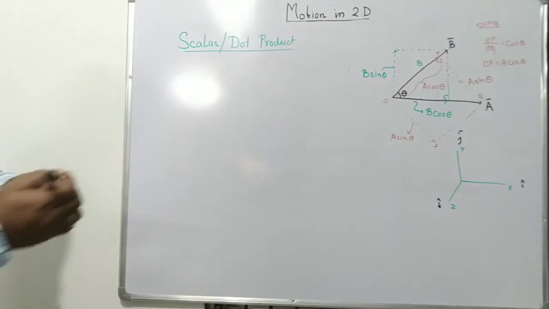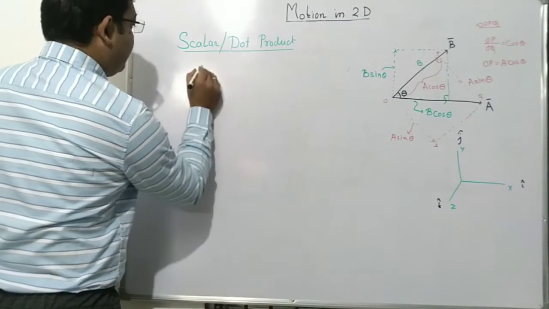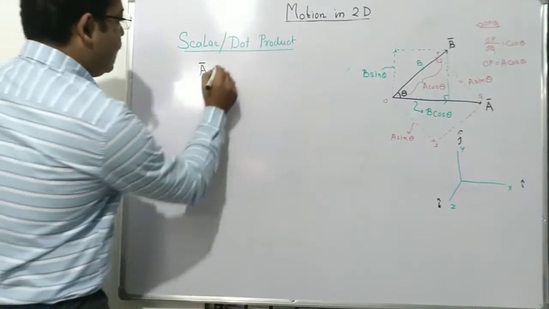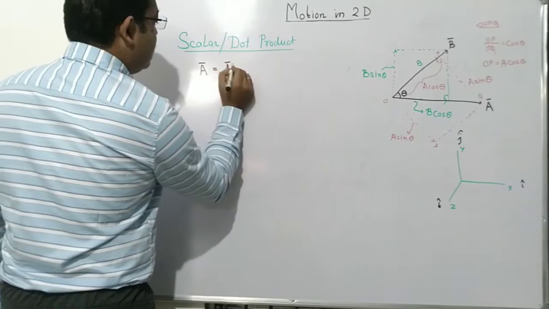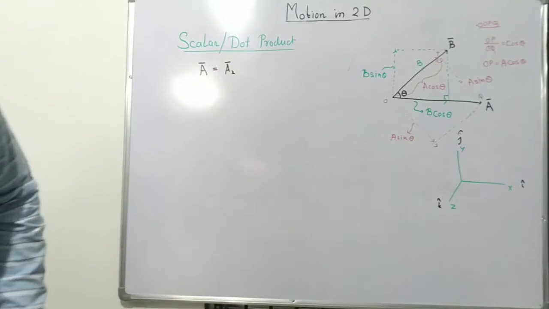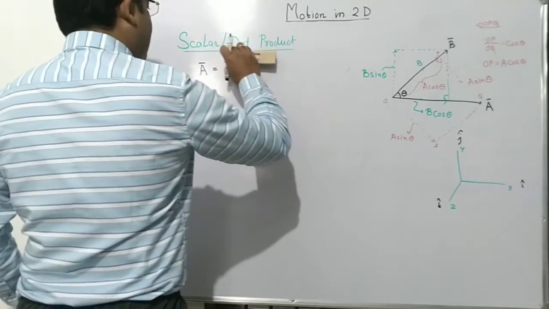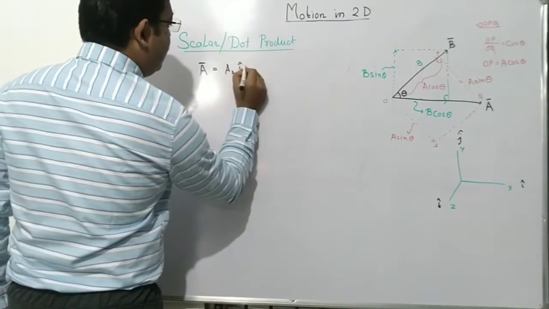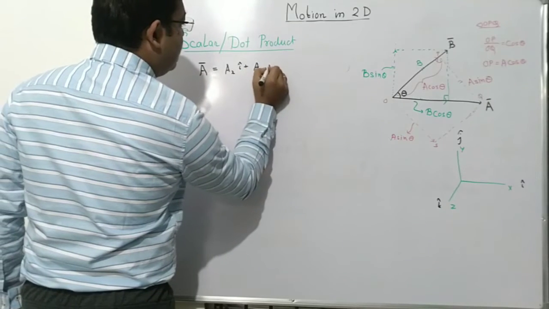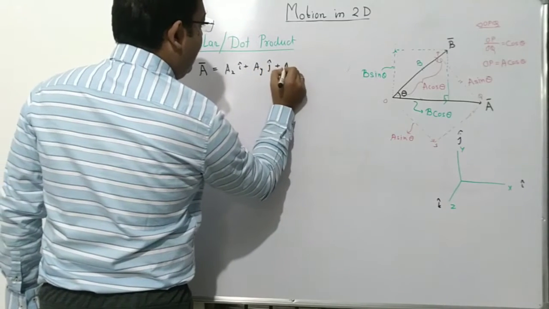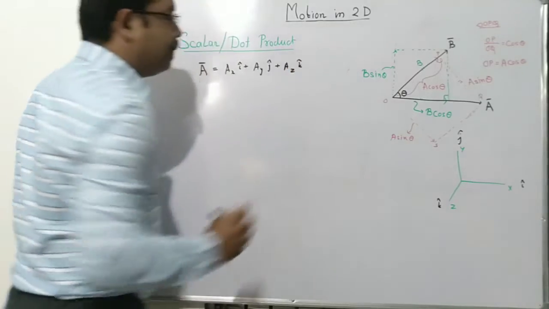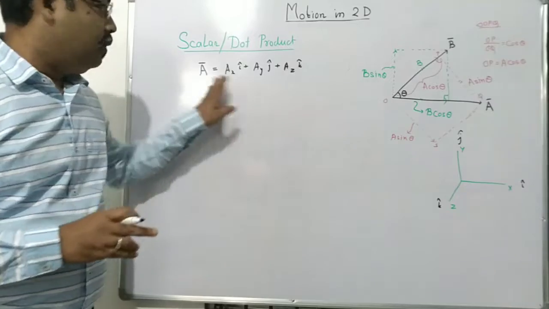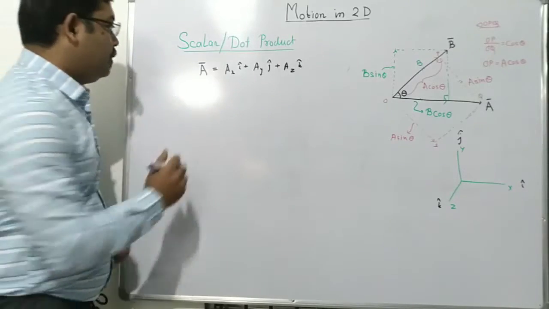We have also seen that any vector A can be expressed in 3 dimensions in terms of its 3 components, that is, its magnitude along the x-axis into I cap plus Ay j cap plus Az k cap. You may please refer to my previous video to clarify this if you have any doubt.